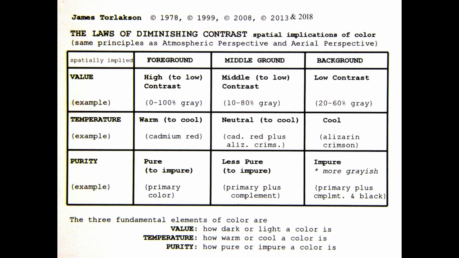In relation to temperature, what happens is that in the foreground you could see colors that range anywhere from warm to cool. As light has to travel a greater distance to you in the middle ground, you'll see colors that range from neutral to cool. And as you're looking off into the greater distance, you're going to see only cool colors.